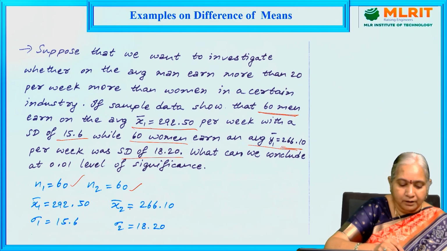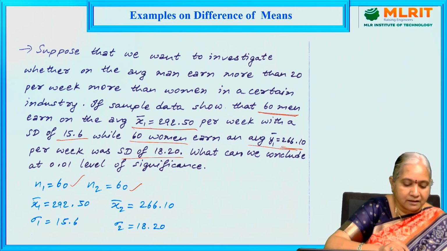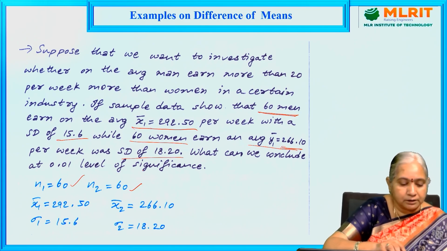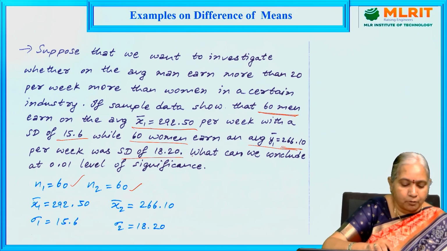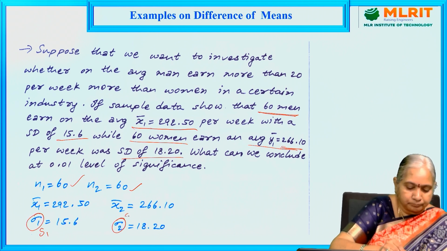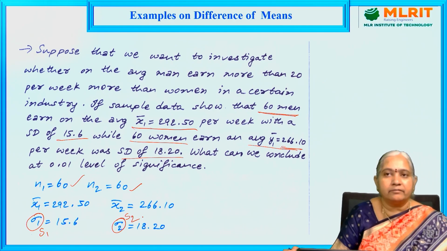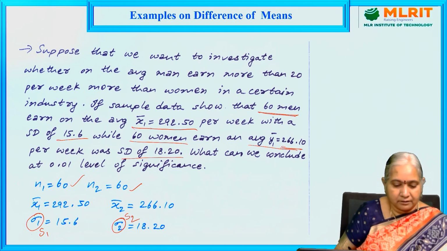So, first sample mean is denoted by x1 bar. Second sample mean is denoted by x2 bar. And also given standard deviations of 15.6 and 18.2. So here we can take them as S1 and S2. Sample standard deviations are given. So this is the given data.